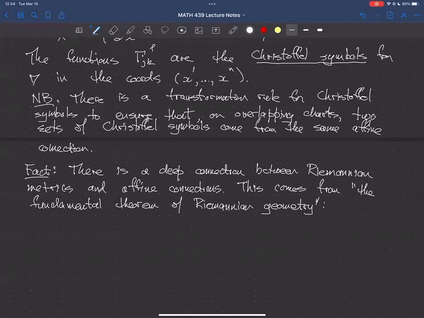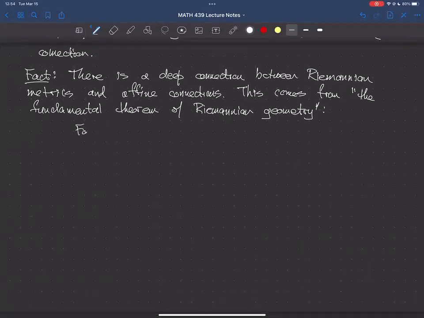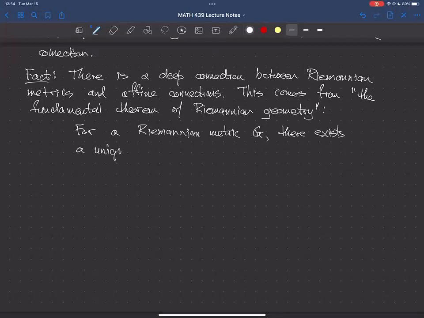The theorem reads like this. For a Riemannian metric G, there exists a unique affine connection, nabla with a G on top.